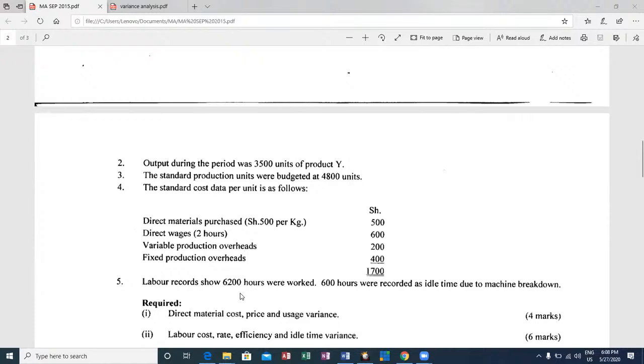So now the question I would want to pose to all of you Section 2 and Section 5 students in Kenya, including the ones following us on Facebook: which actual hours should we use? Should they be actual hours paid or actual hours worked?